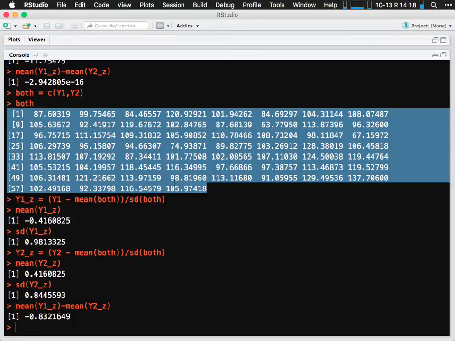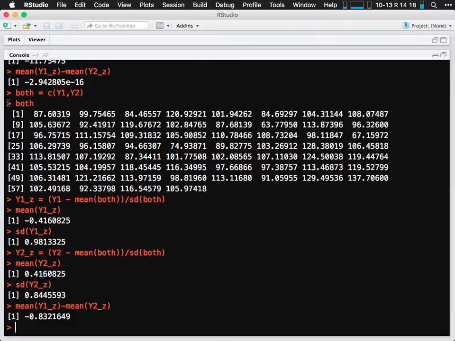Now, having set the data such that each number represents a z-score, that again represents units of the variability.